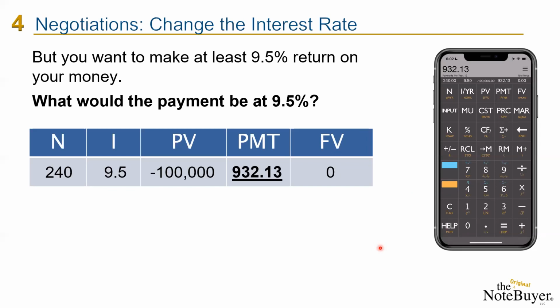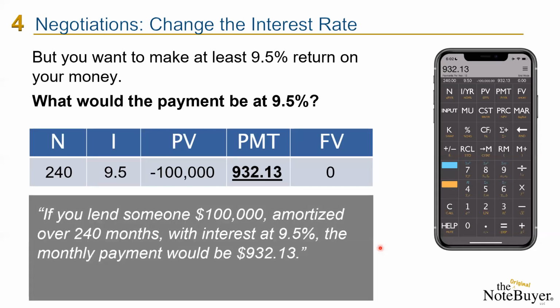Okay. And when I look at this, this tells me if you lend someone $100,000 amortized over 240 months with interest at 9.5%, the monthly payment would be $932.13. Are you starting to get used to reading this as a story of what's happening?